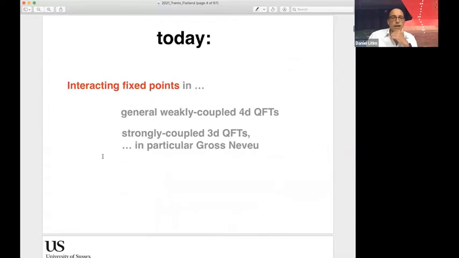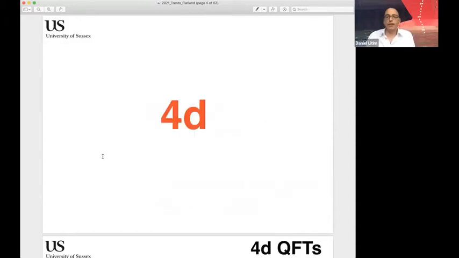Now, what I'm going to do today is I'm hoping to give you an overview of what is known about weakly coupled fixed points in general 4D quantum field theories. And after that, I will progress and discuss some results in strongly coupled 3D quantum field theories, in particular Gross-Neveu. So let's start with 4D.